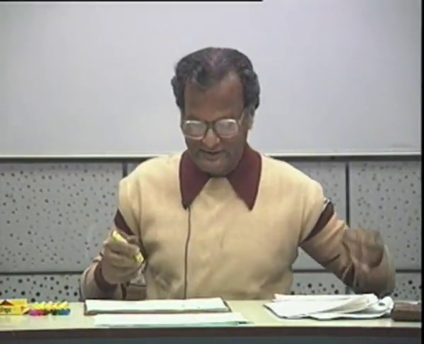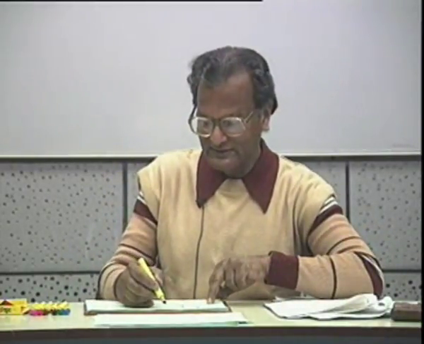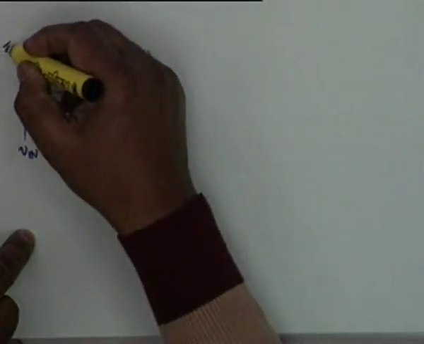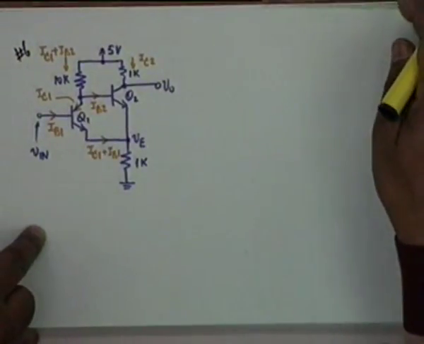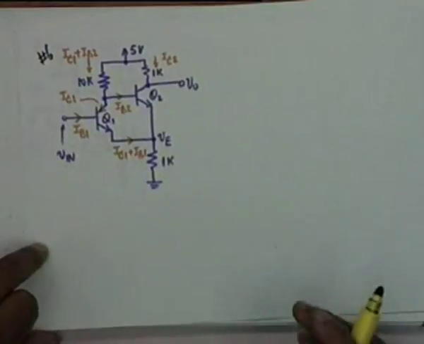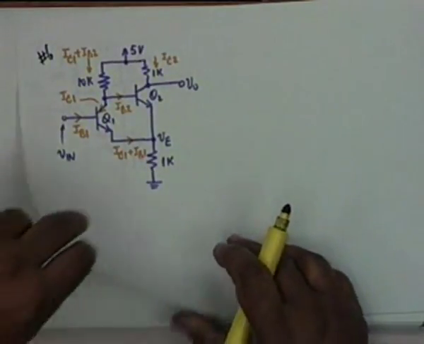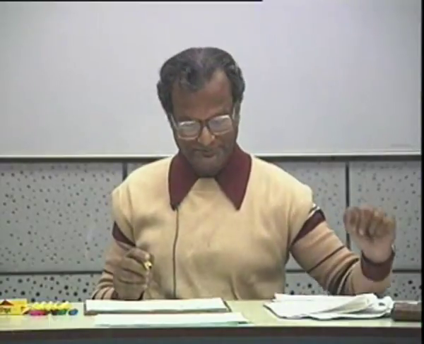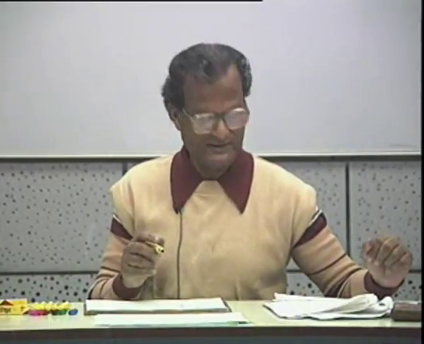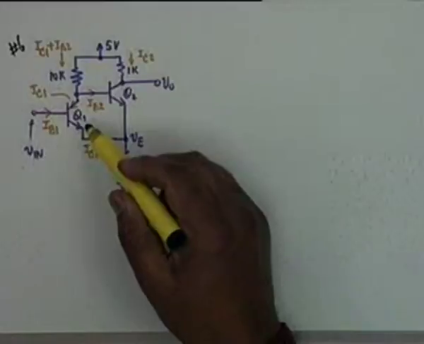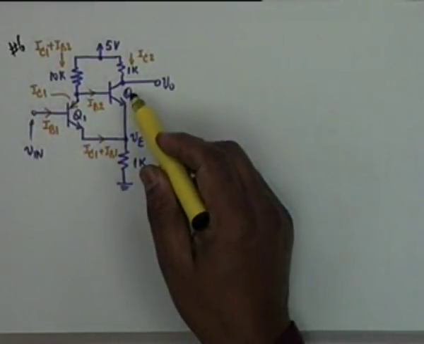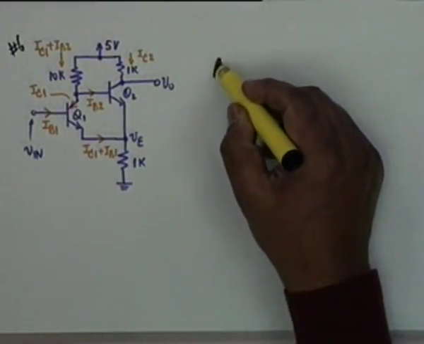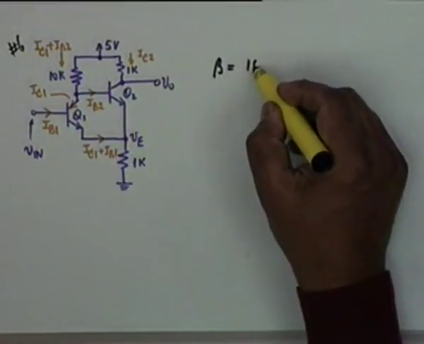Alright, question 6 concerns this circuit. I have drawn it separately because I shall need a number of them. There are two transistors, Q1 and Q2, both are silicon, and it is given that beta for both of them is 100.